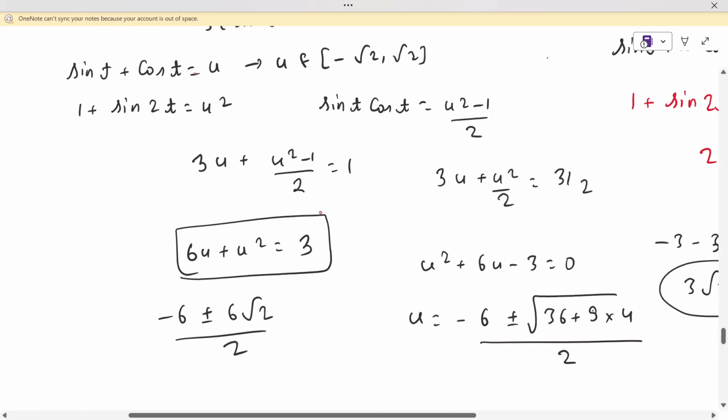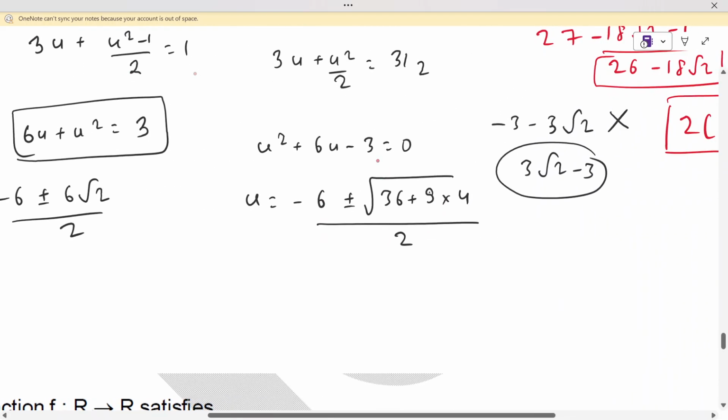Here it should be u squared. I think that is correct: 3u plus u squared by 2, that is transferred there, 6u plus u squared equal to 3. Minus 6 plus minus the square root of b squared minus 4ac. So 4ac, 12 is there, right? 4 into 3, here it should be 12.